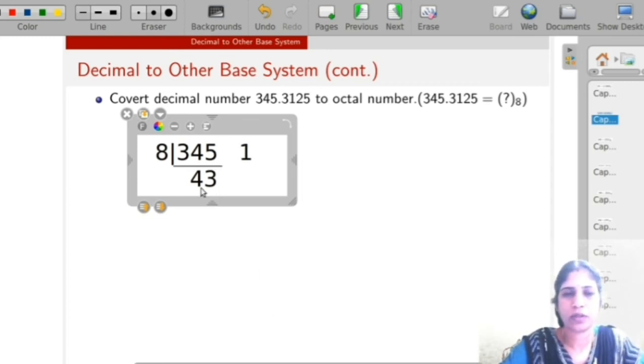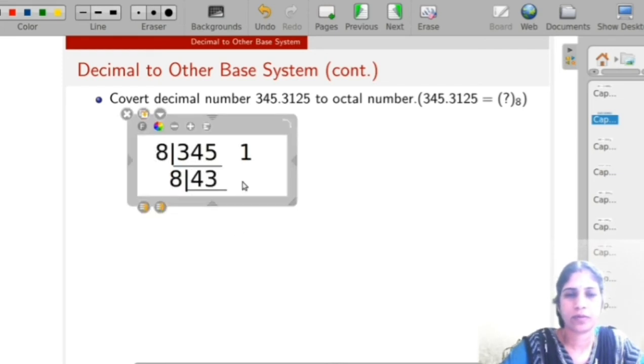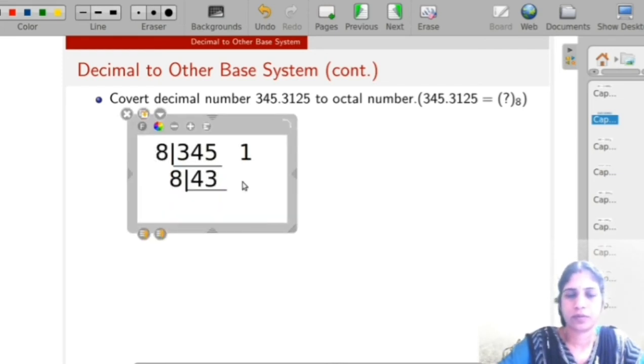Again 43 is divided by 8. When 43 is divided by 8, we get 5 as the quotient, 8 5s are 40, so we get the remainder as 3.